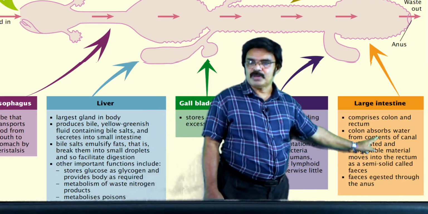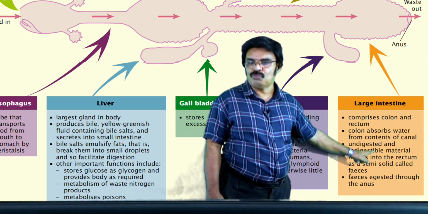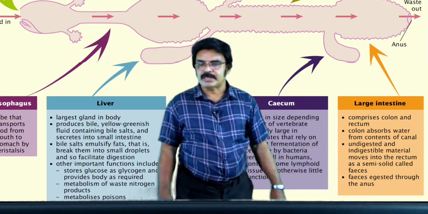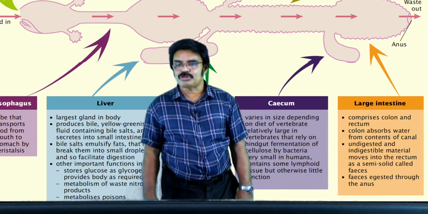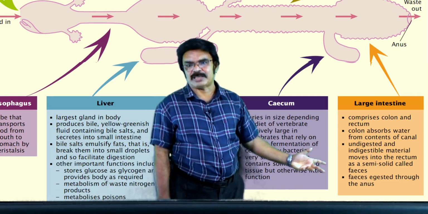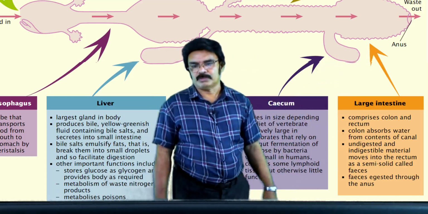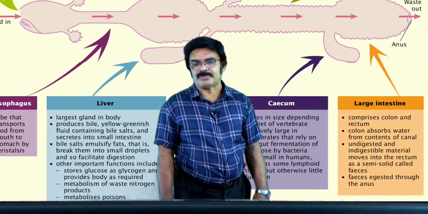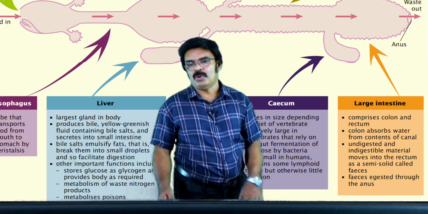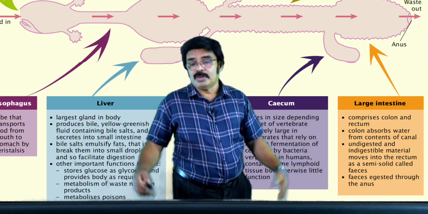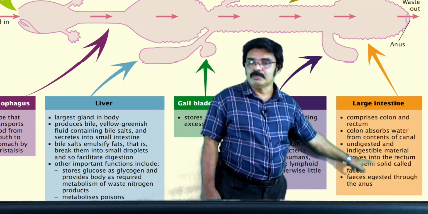Undigested and indigestible material moves into the rectum, the last part of the large intestine. The rectum stores it for some time until you have time to remove that material.